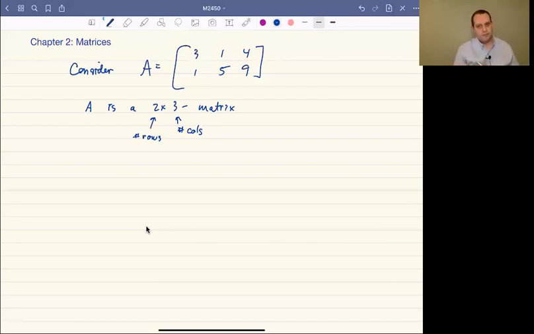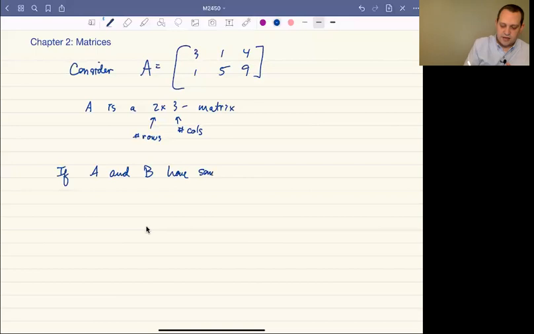In general, if A and B have the same size, so when I say size, what I mean is 2 matrices have the same size if they have the same number of rows and columns. They're both 3 by 5 matrices, or they're both m by n matrices in general.